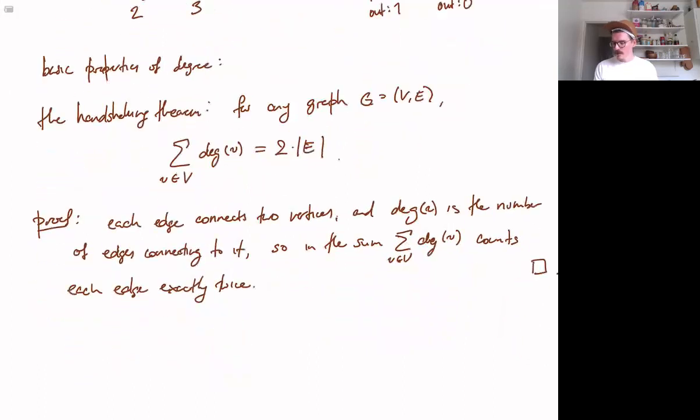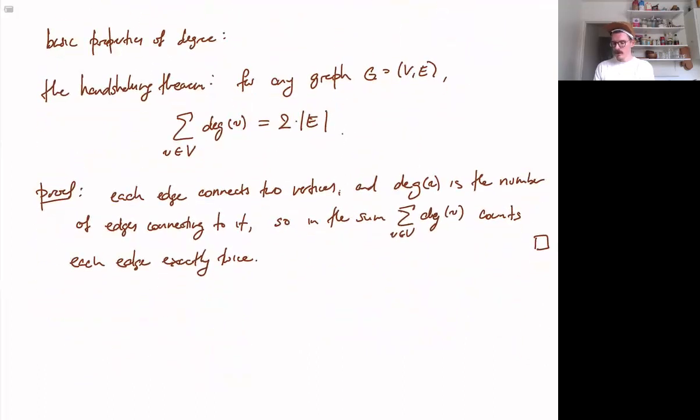So this is some kind of relation between the number of edges and the degrees of vertices. And here is one way that we can give an interpretation of this restriction. Corollary.